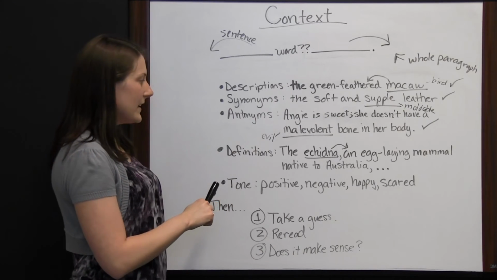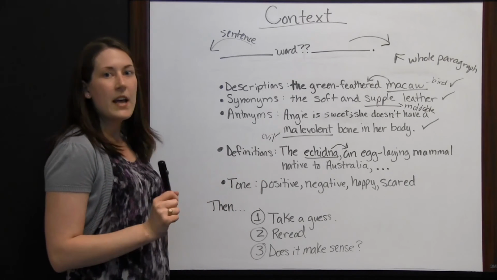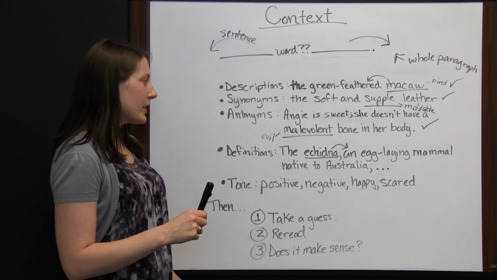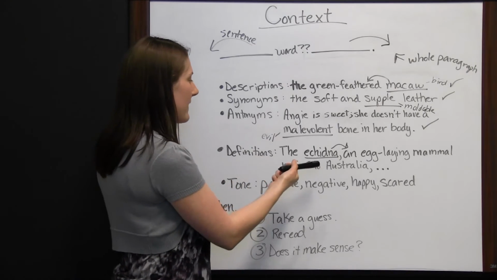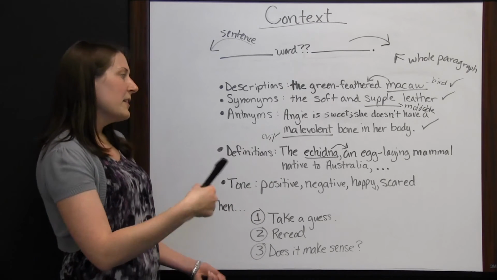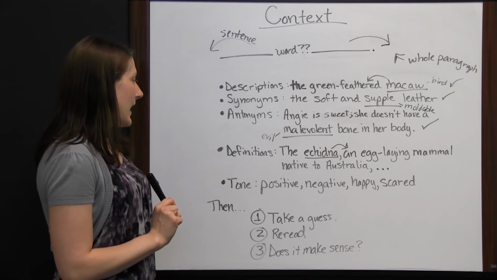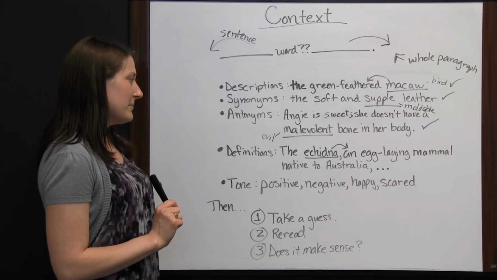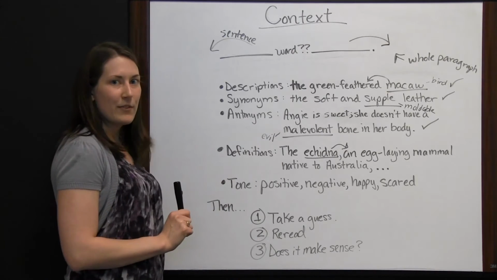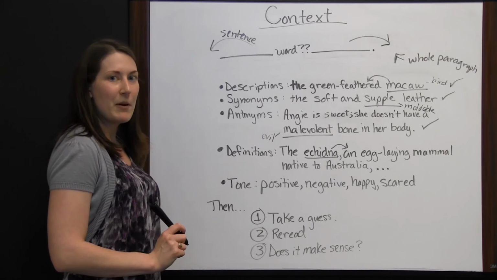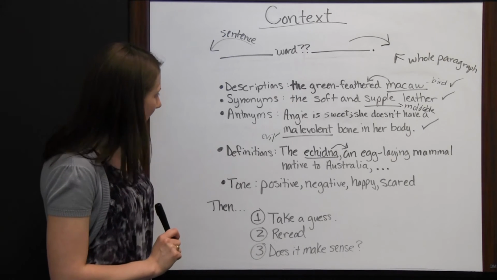Now, the echidna sentence is a little different. If they plug in a definition for you, then it's a little harder to check. You would just say an egg-laying mammal native to Australia, and then maybe tell the sentence after that point because the definition's already there for you. There's not really a synonym for echidna or anything else you could have come up with for what that one meant.